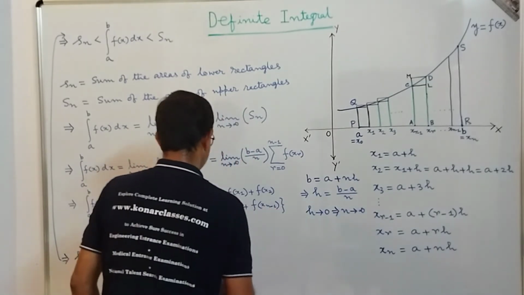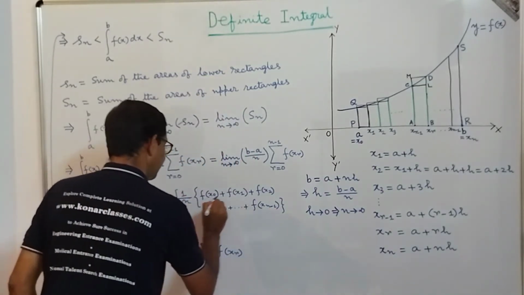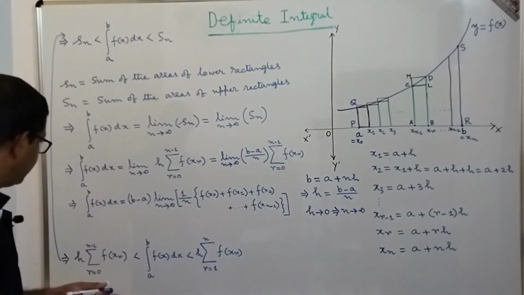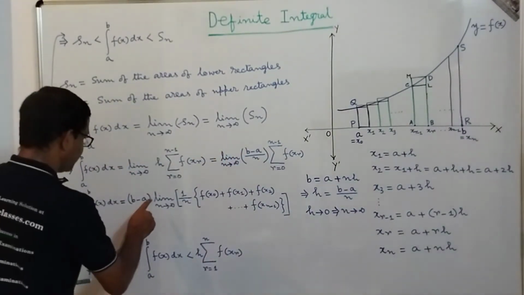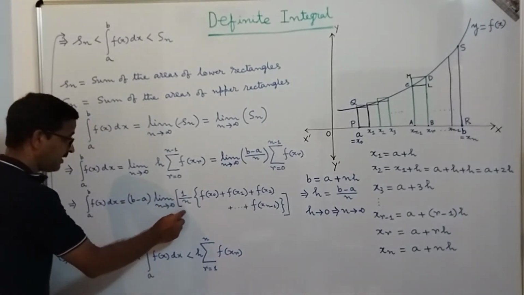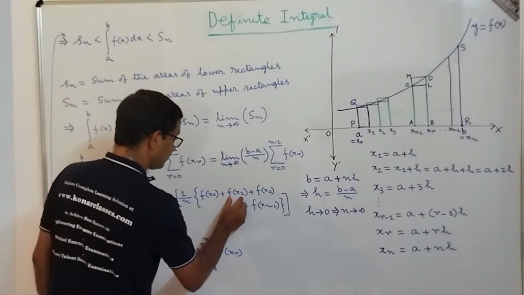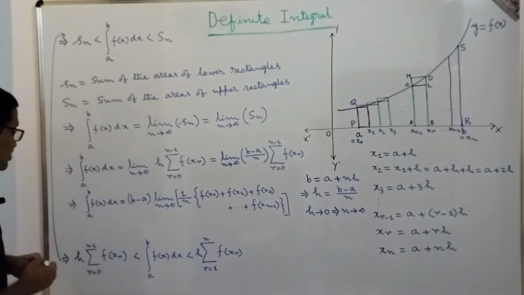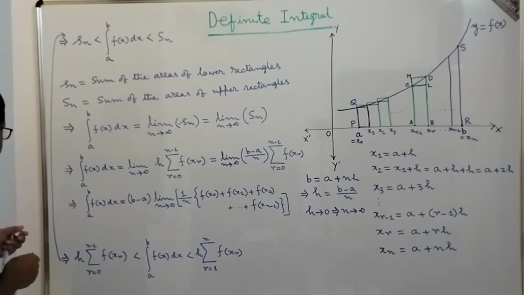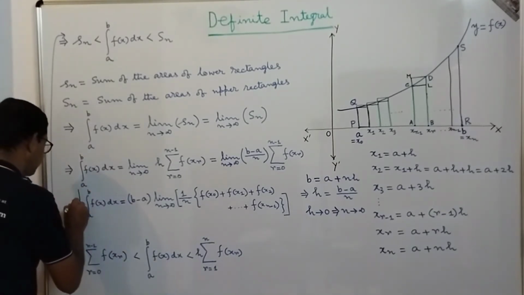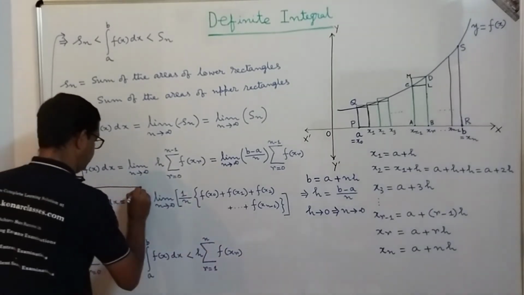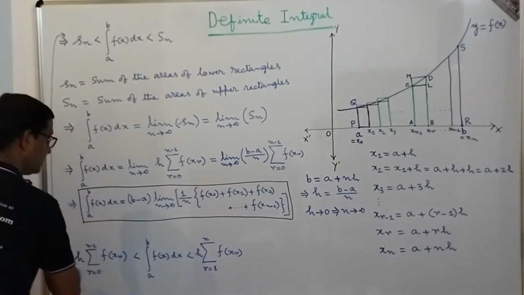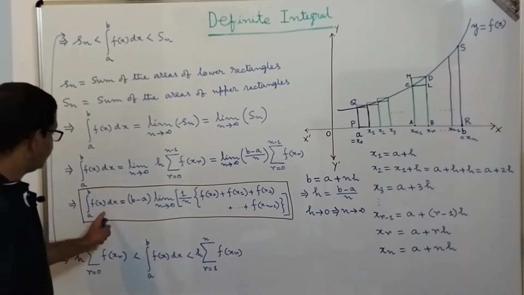Now what we see is that the value of this limit, as n tends to infinity, of 1 by n into f(x0) plus f(x1) plus f(x2) up to f(x n minus 1), multiplied by b minus a, is going to give us the value of the definite integral from a to b of f(x) dx.